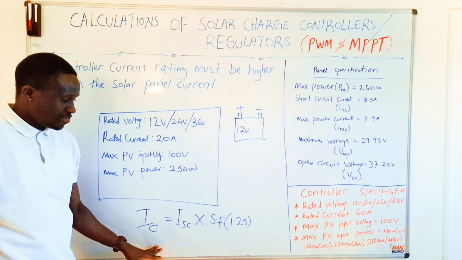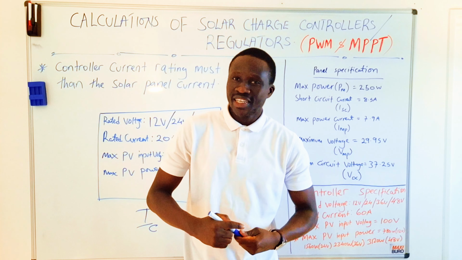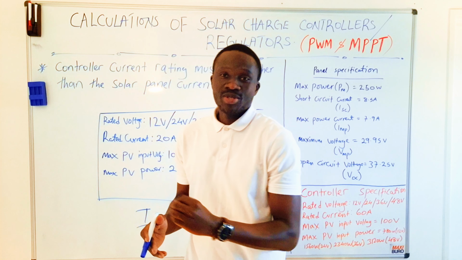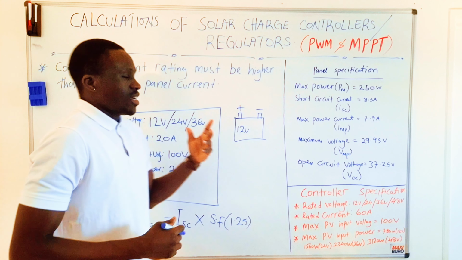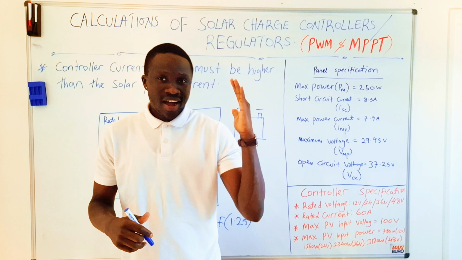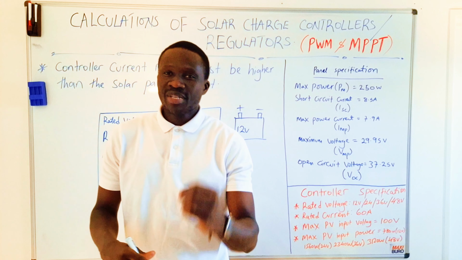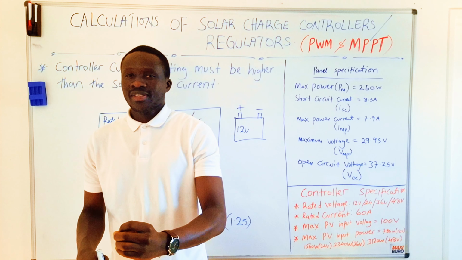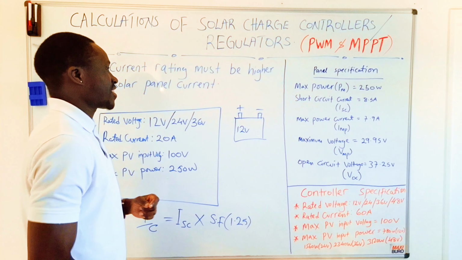Very simple formula. And this is how we finish our regulation, the charge controlling of the power from the panels. Now, the next thing we shall see is how the batteries are connected from the solar panel to the regulator, then from the regulator to the batteries, and how the batteries are charged. Check in the next video.